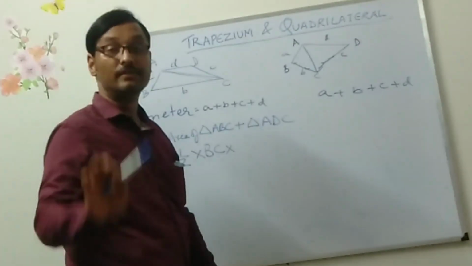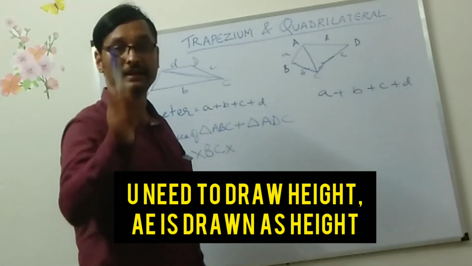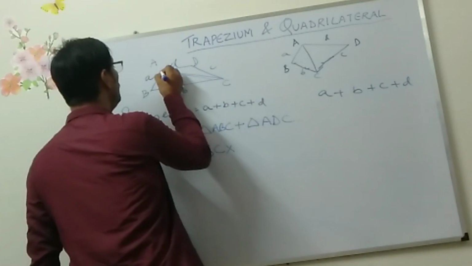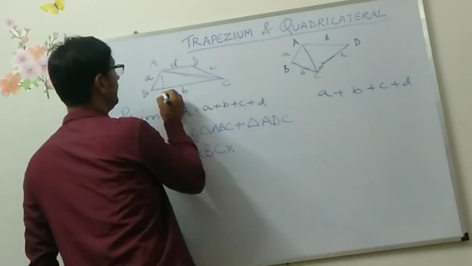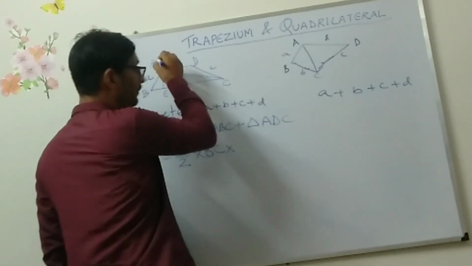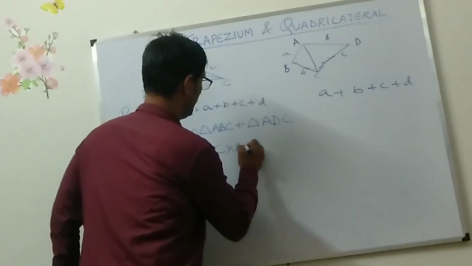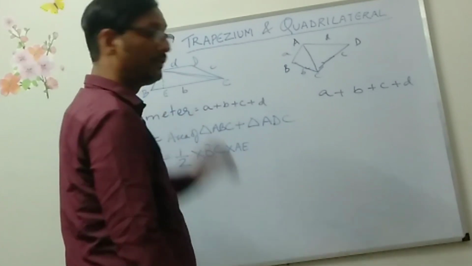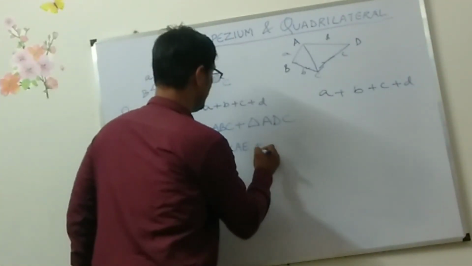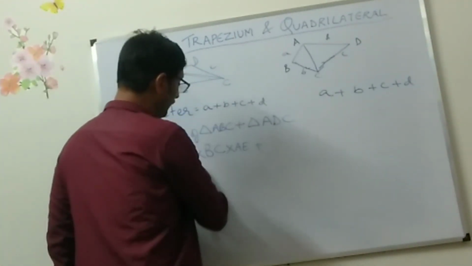In ABC figure, there is no height. So what do I need to do? I need to draw a height. Suppose AE. I have drawn a height AE. I have given plus. This area finished.